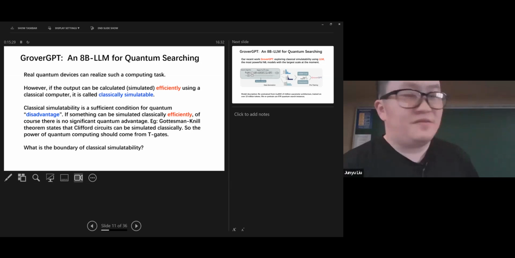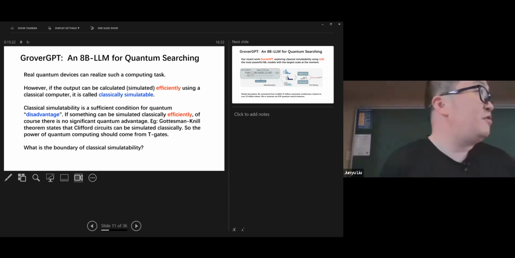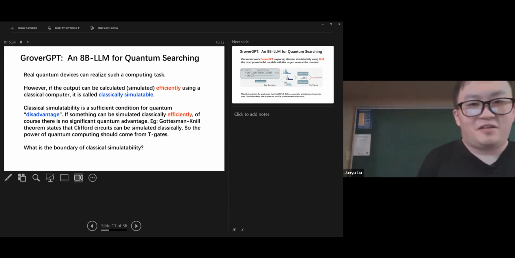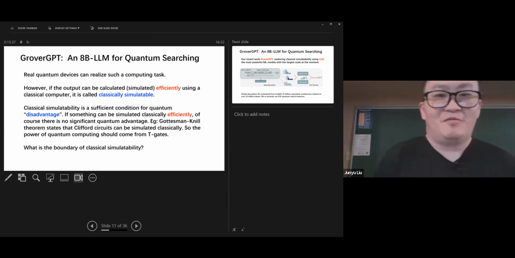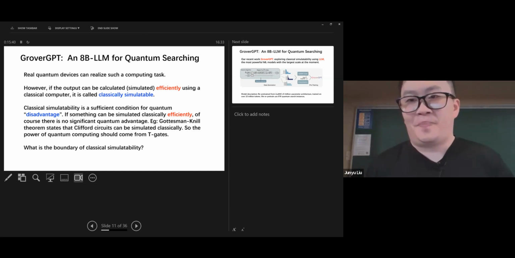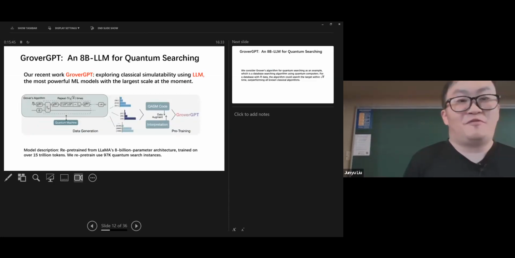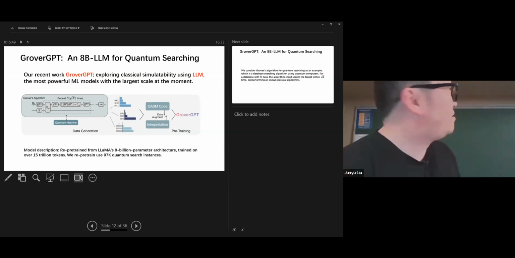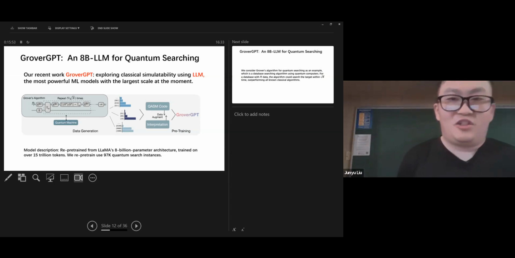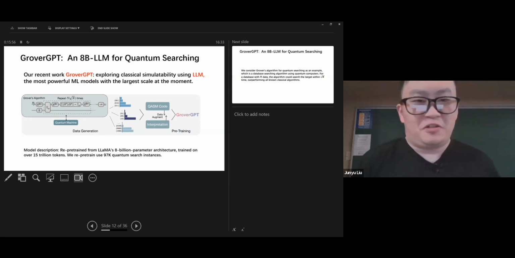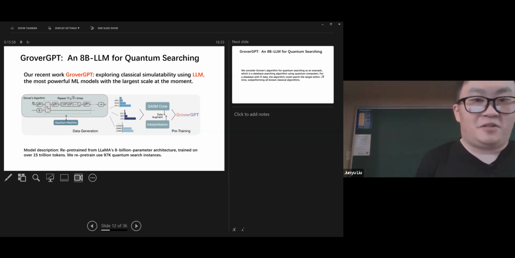So then, instead of addressing the question about the boundary of quantum advantage, we can think about just addressing the boundary of classical simulatability, which seems to be an easier task. So our work, as I mentioned before, Grover GPT, is basically trying to use this model and put those quantum circuits in, trying to train an LLM and let it generate probability distributions or some samples from it.